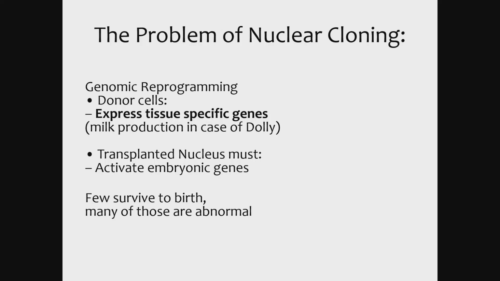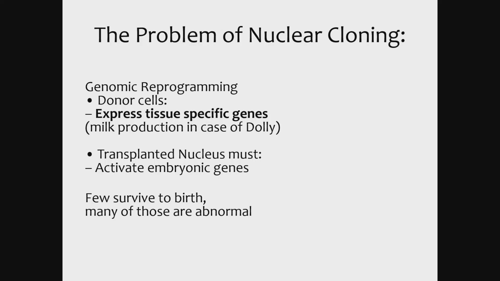We are taking the nucleus out of the oocyte and putting in, I'll show you a movie in a moment, the nucleus from the mammalian tissue, and it already has its epigenetic modifications, everything.